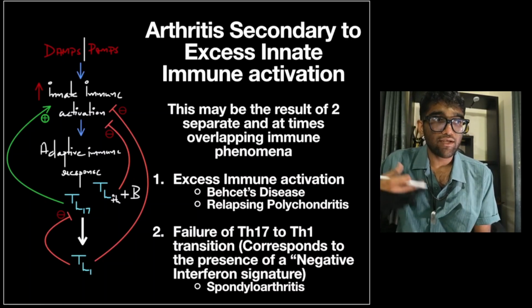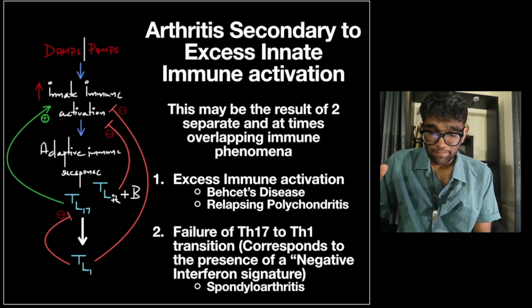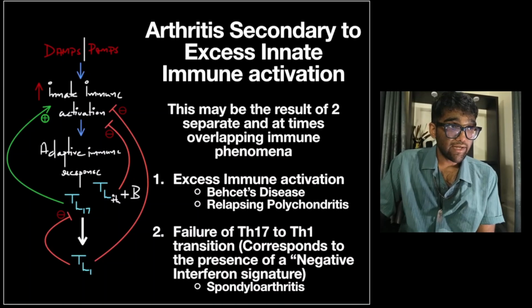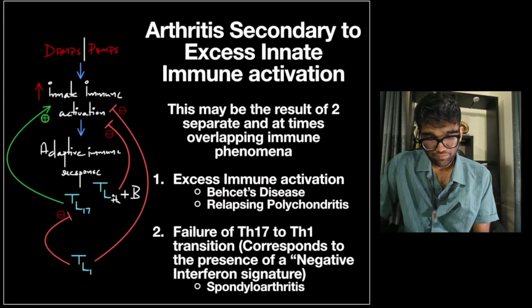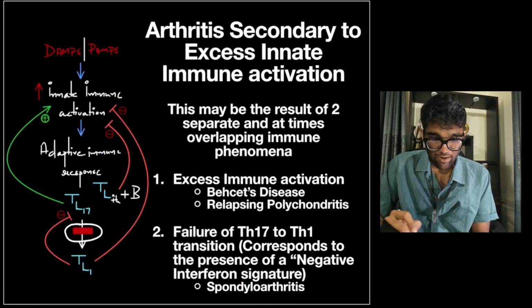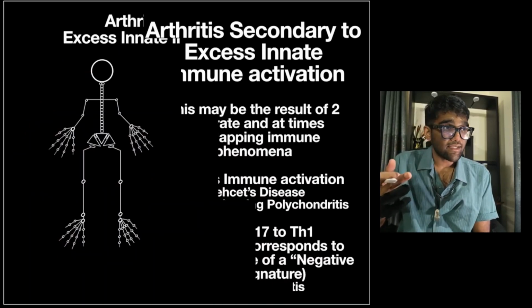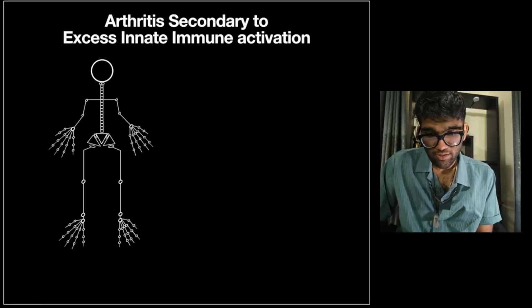That is psoriatic arthritis, particularly the oligoarticular variants, enteropathic arthritis, and reactive arthritis. So there is a block here. Because of that block, there is increased Th17 polarization, and that increased Th17 polarization increases the innate immune signaling more.